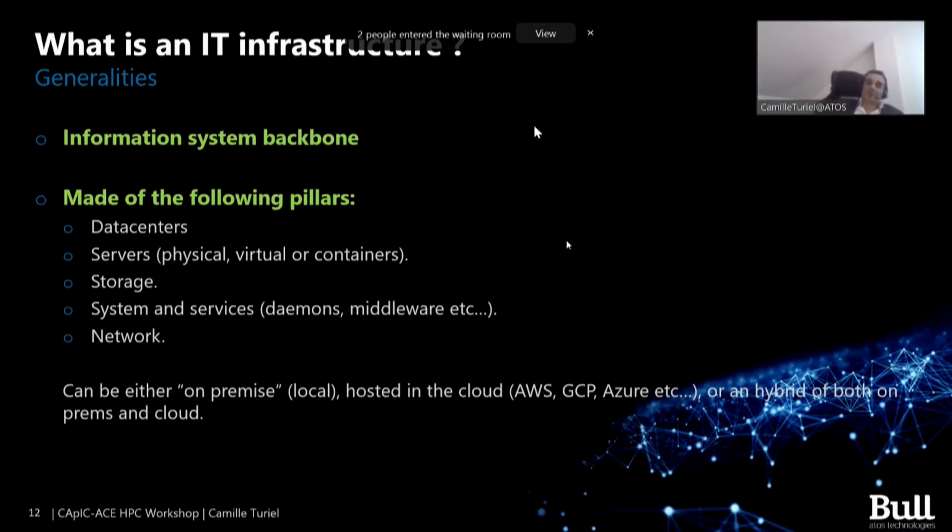I don't know if some of you are familiar with that. Mainframe was this super big computer, which Bull has been a manufacturer of, and we are still manufacturing some of them for some customers, mainly for legacy. This has been very popular in the industry, mainly in the banking industry.